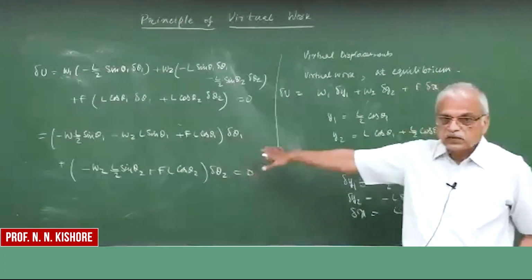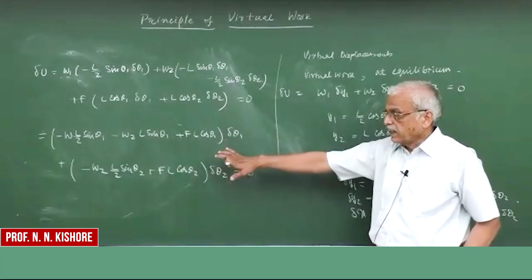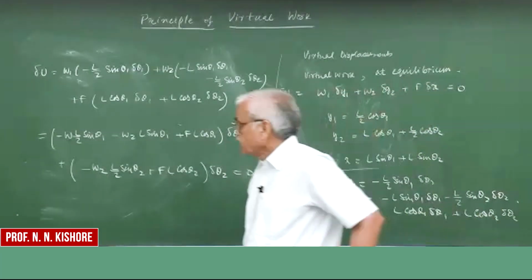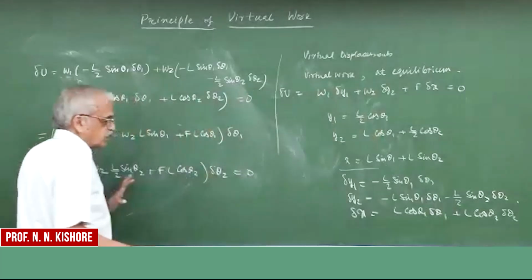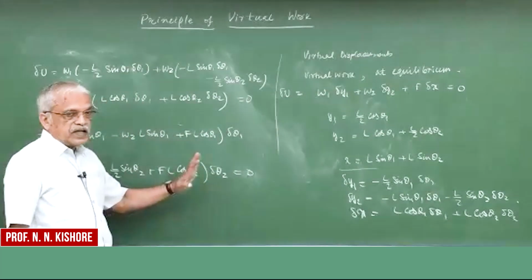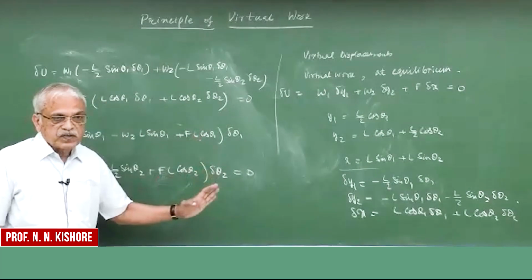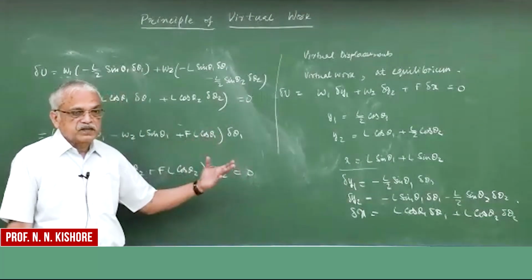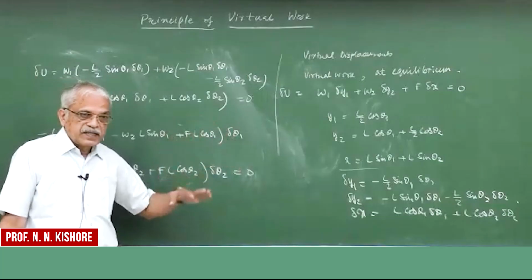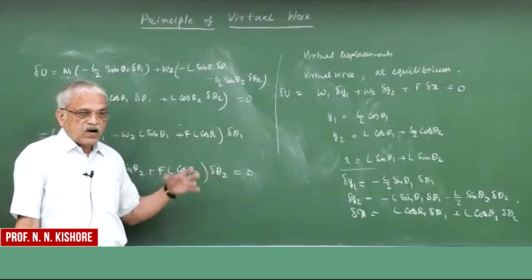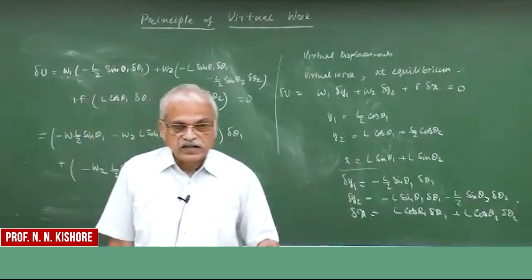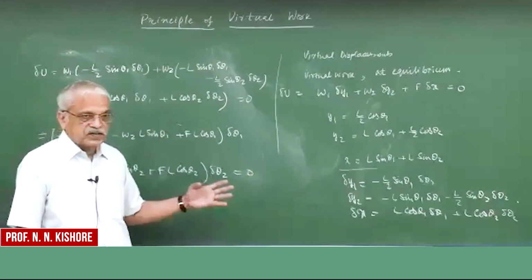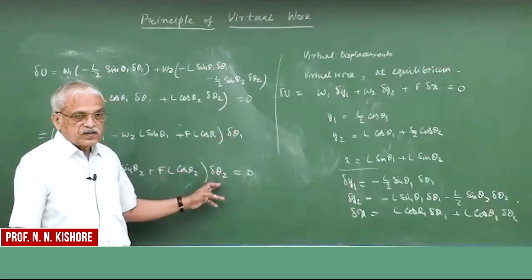Now this expression is only one for work done, but it's actually two equations. Why? Because this has to go to 0 for all virtual displacements. For example, I can perturb theta 1 and keep theta 2 constant, or I can keep theta 1 constant and give a perturbation in theta 2. Any one of these is possible.